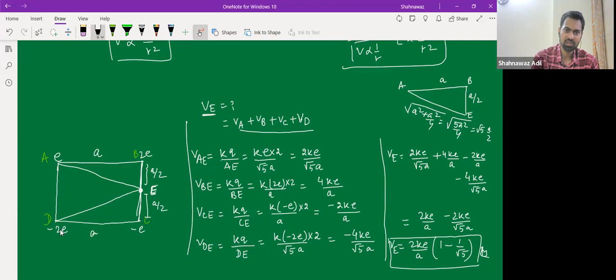So the potential would be just the algebraic sum of all the 4 charges. So we just calculate the potential due to individual charges and then just add them. So this is the answer that we get. Please take the screenshot and then we will go ahead.